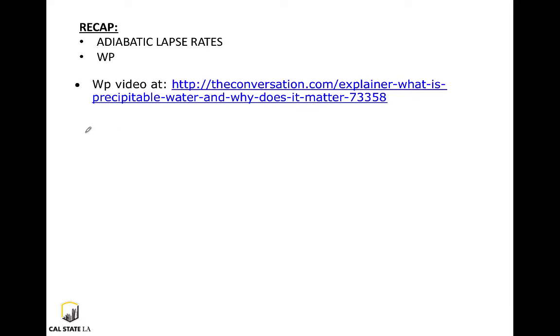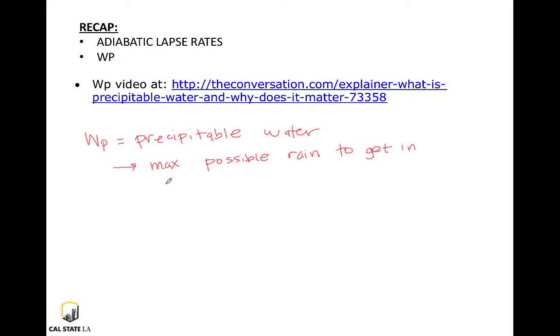The second thing we are going to review is precipitable water. What we can recall from this is the maximum possible rain to get in a column of air.